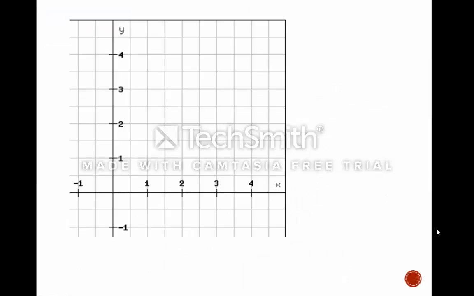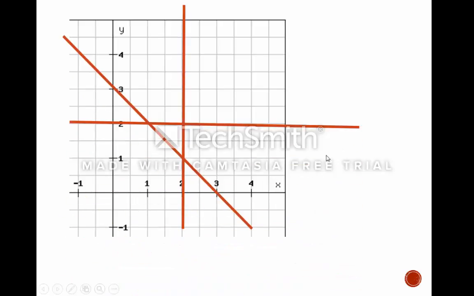Okay, we visualize the solution on a graph like this, and we get the feasible region, which is the region limited by the constraints. And now we put the points. The first is x is 0, y is 0.